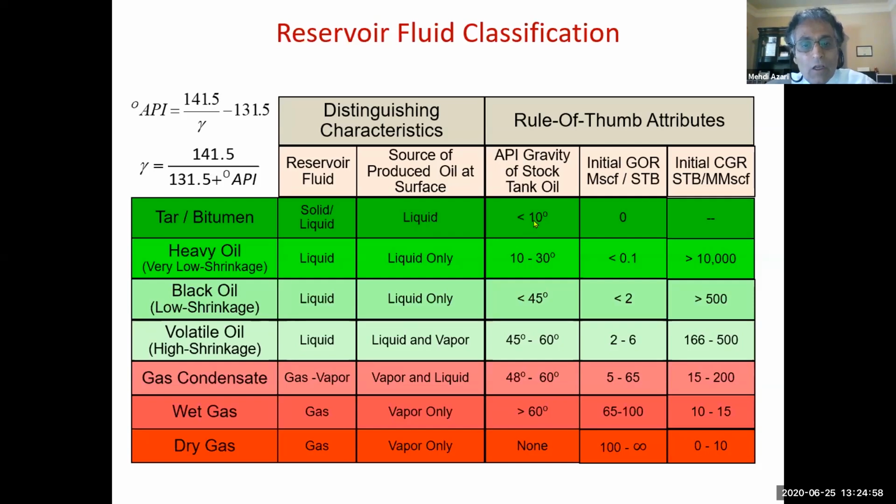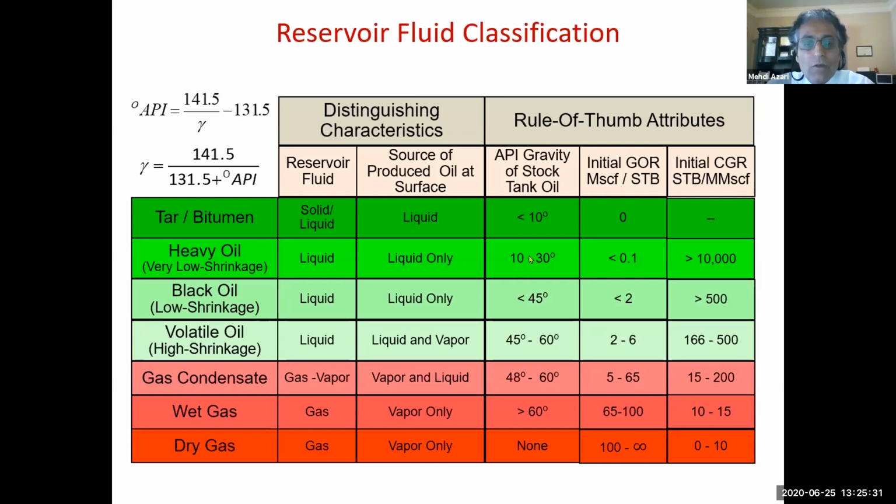So the tar bitumen could have API gravity of less than 10. That means it is heavier than water. The heavy oil is liquid, produces as liquid. API gravity could be between 10 to 30. And there are some wells in Venezuela and south in that area that I have dealt with and traveled to. The oil gravity is like 12, 13, 14.